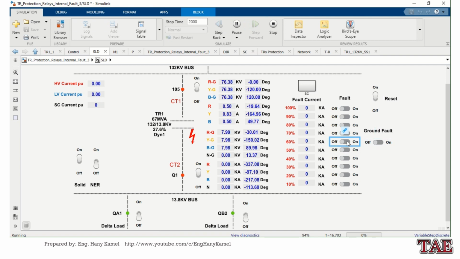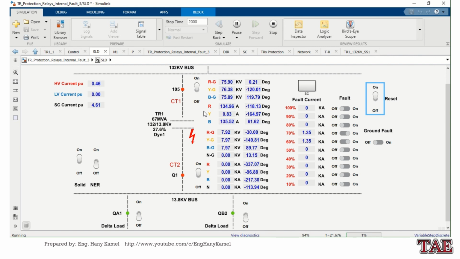If I make turn to turn fault, differential protection operated, and we'll see by force reset. Now we expect the current is less than the setting of the overcurrent, so overcurrent will not operate.